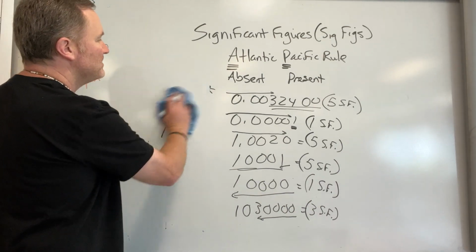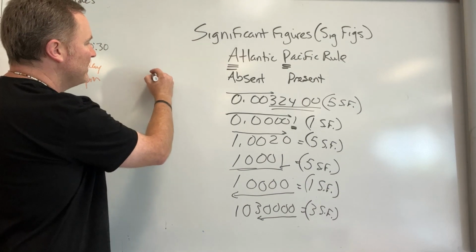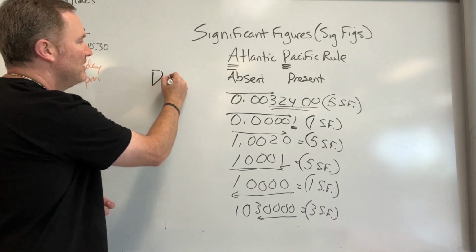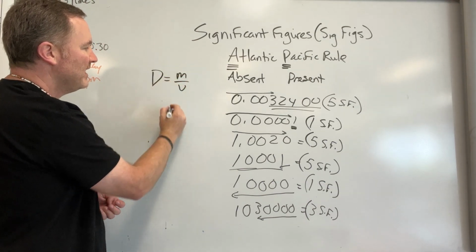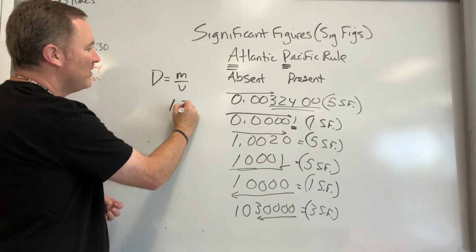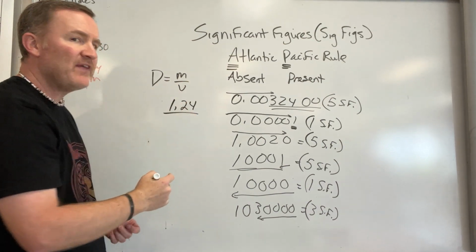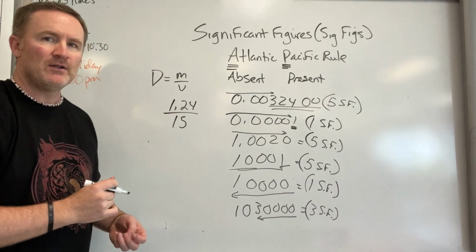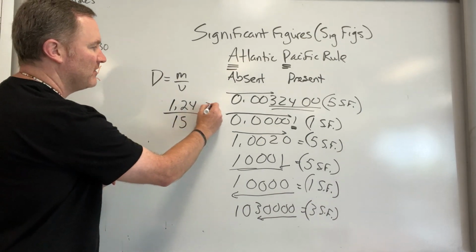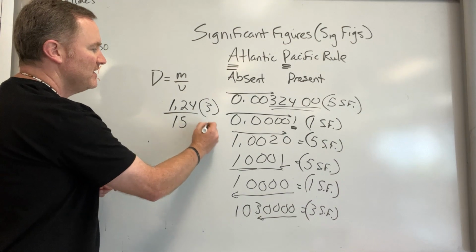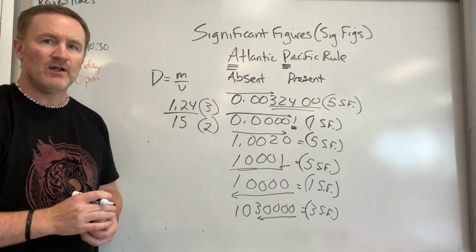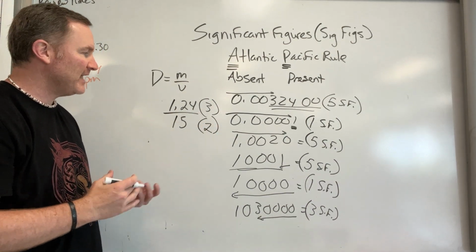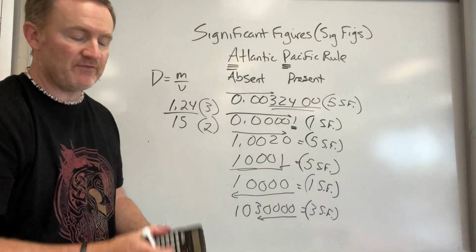So let's say, for example, and again we'll keep it simple, we're measuring density. So we have mass over volume, and one of the masses is 1.24. But then someone says the volume was only 15. So this one has 3 significant figures, and this one has 2 significant figures. When we do our math, our final answer can only be in 2 significant figures.